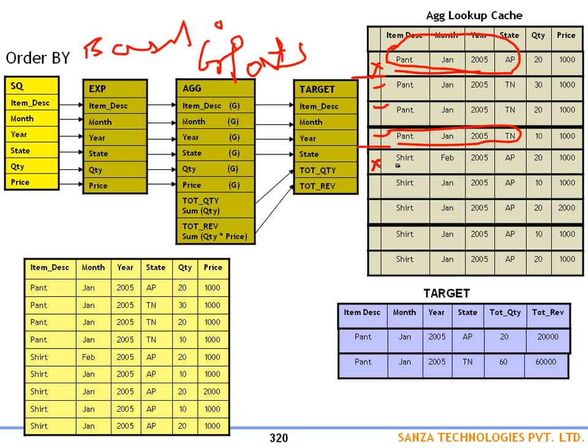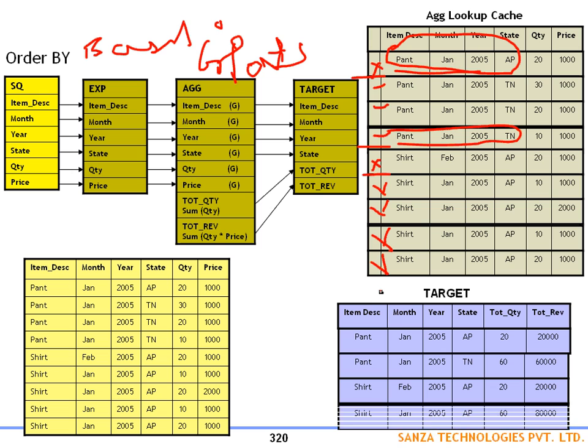Then the next record it will take, marks it, the next unmarked record, Shirt February 2005 goes here. Shirt January 2005 AP, not the same combination. So it will stop the scan here and send the data out. Then it will mark this record, Shirt January 2005 AP, and so on.